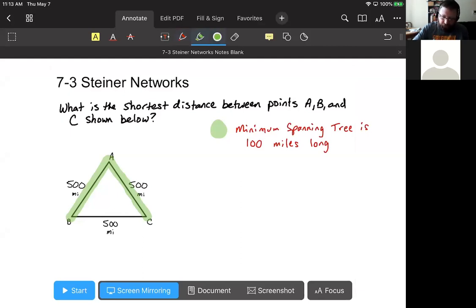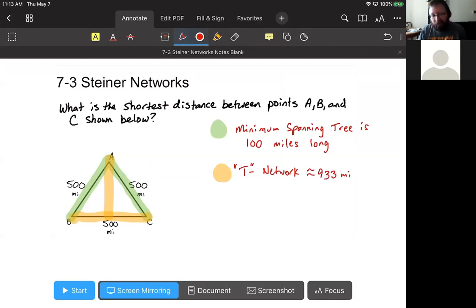If instead of doing the minimum spanning tree, if instead they did something along these lines. Okay, just by doing what they would call a T network, they've managed to reduce the length of cable that they need to be only 933 miles of cable.